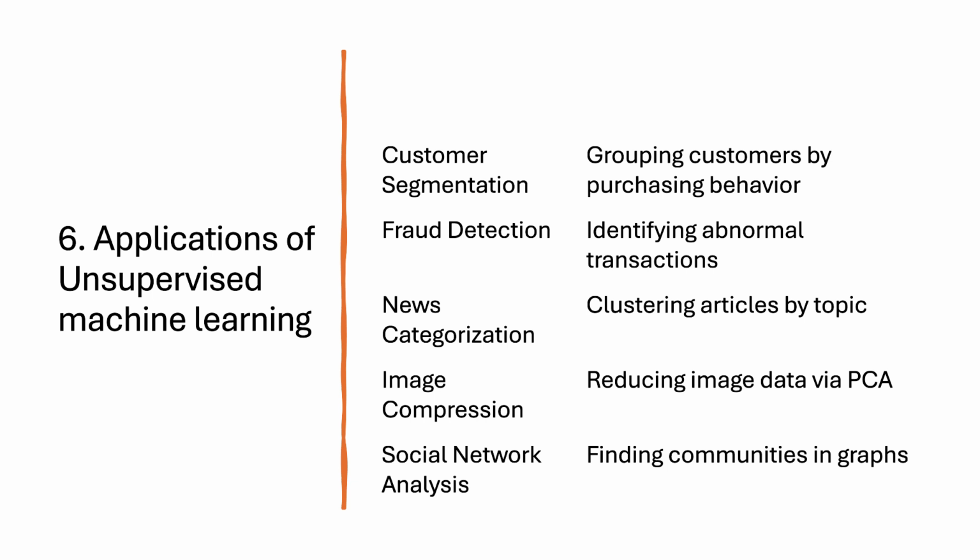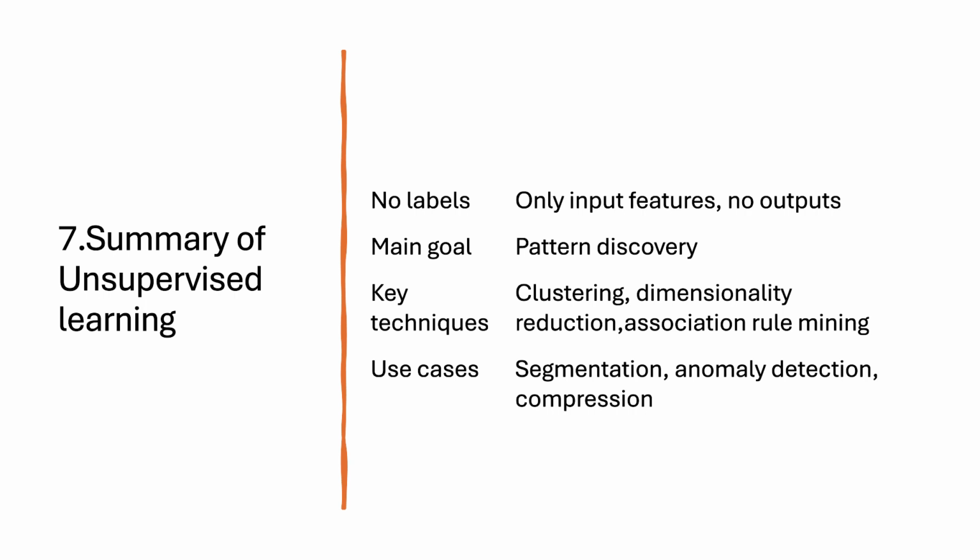In fraud detection, where we are identifying abnormal transactions. In news categorization, clustering articles by topic. Image compression, that's when you're reducing image data via PCA, and also in social network analysis, whereby you're finding communities that are simpler in graphs.